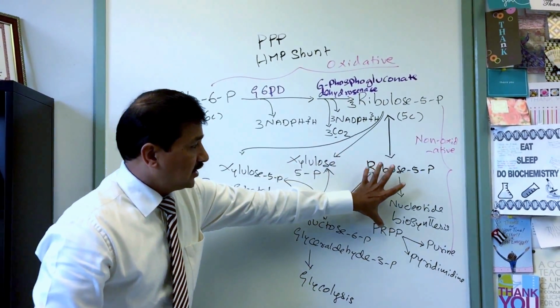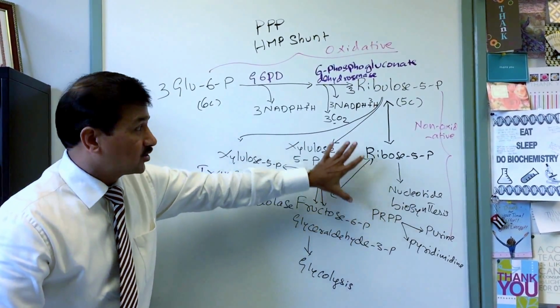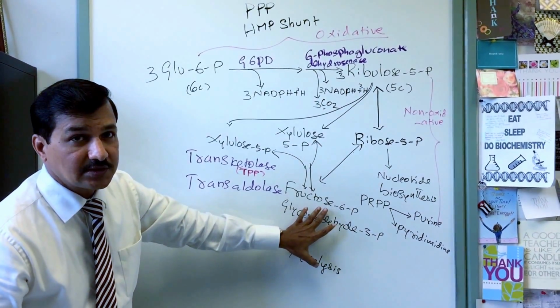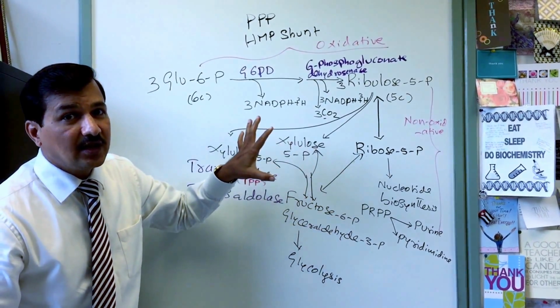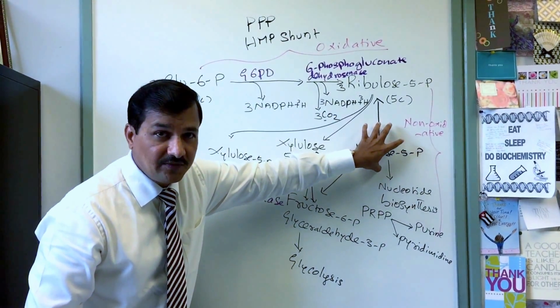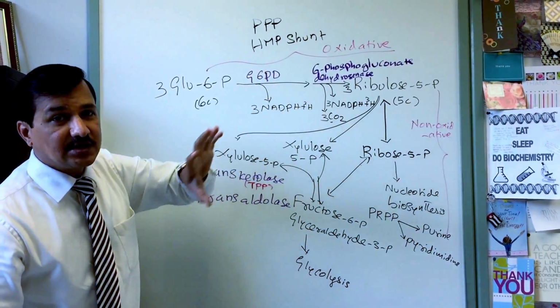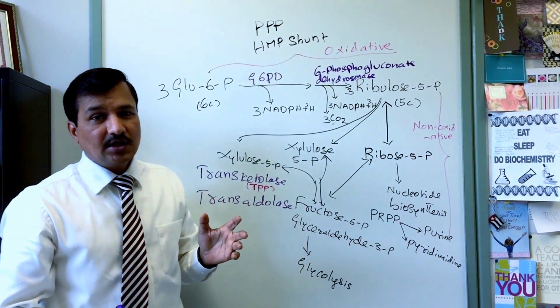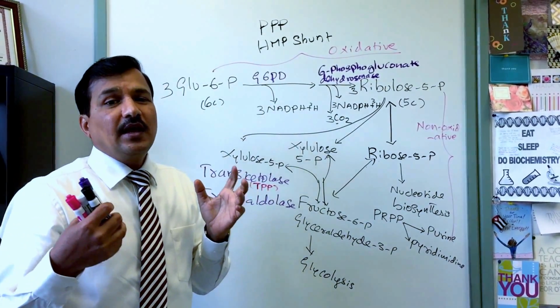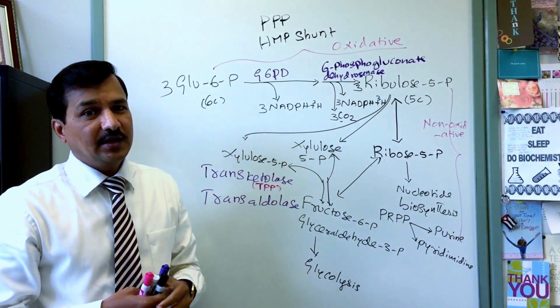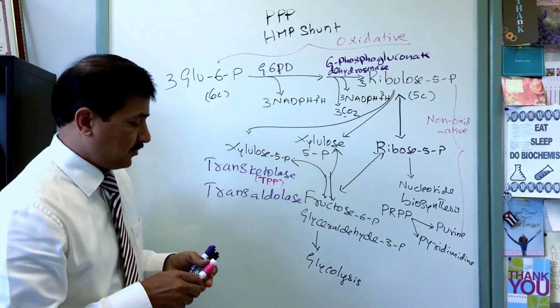Now in the non-oxidative phase, since all of them are reversible, molecules can run from ribulose 5-phosphate to fructose 6-phosphate. Or if the cell wants to synthesize ribose 5-phosphate, but it has got sufficient NADPH plus H plus. Let's take that scenario. Consider that your cells need ribose 5-phosphate, but they have got plenty of NADPH plus H plus. During that time, what happens?